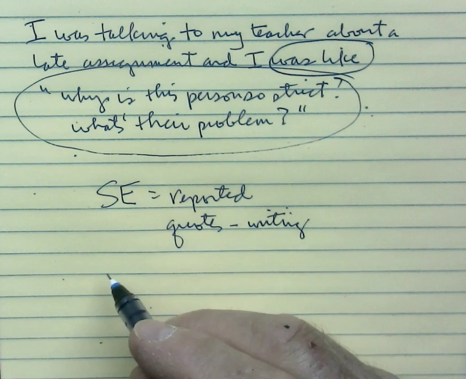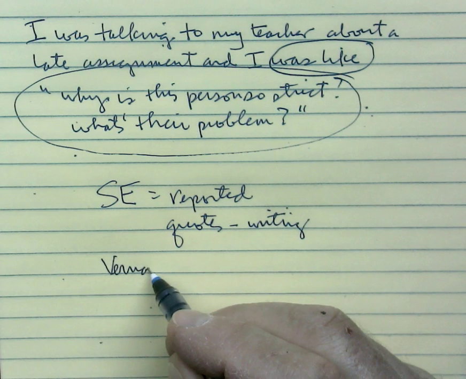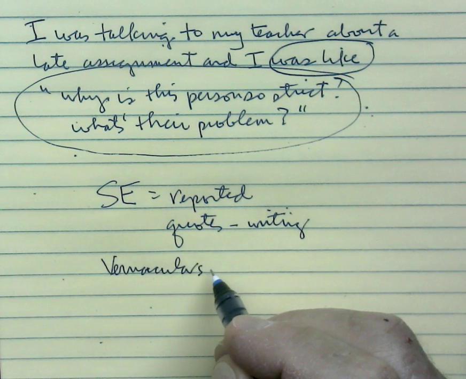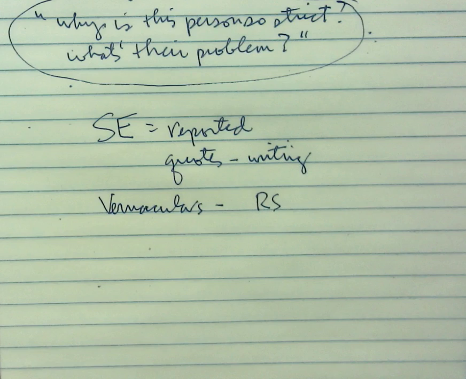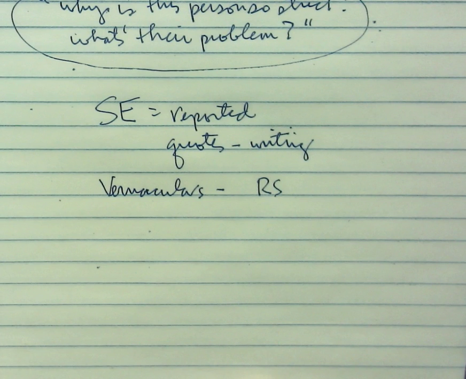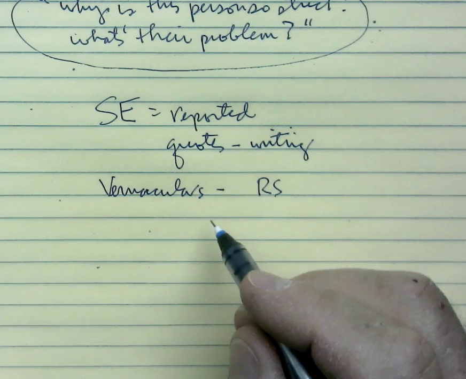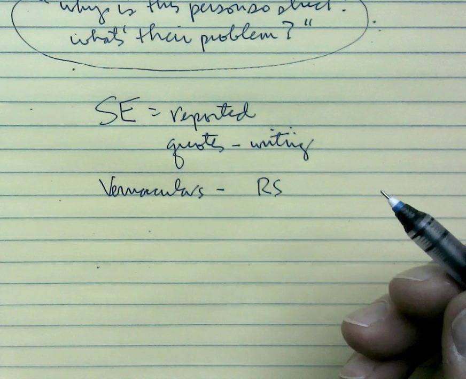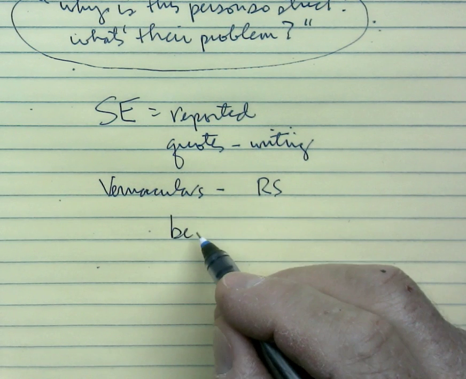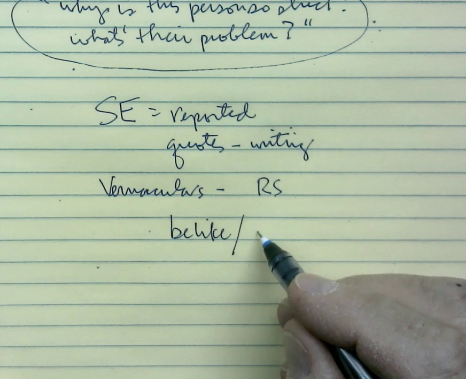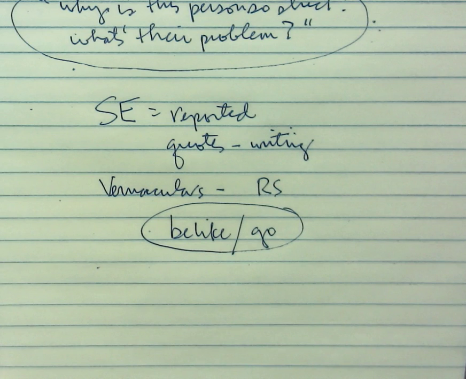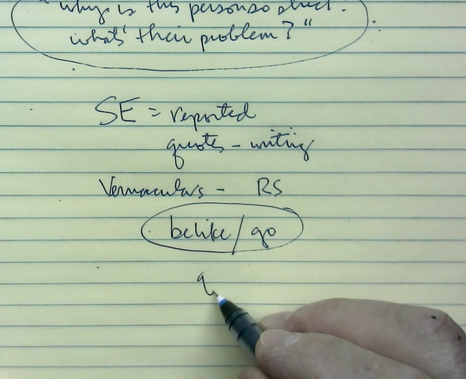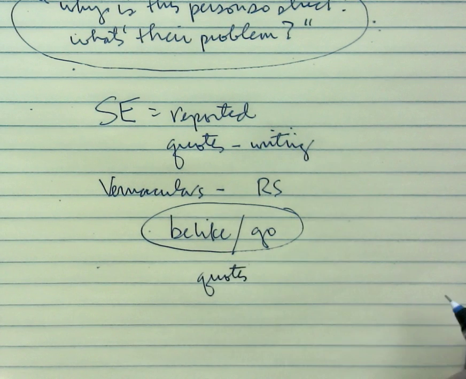But with vernaculars, they do use reported speech also, but in speaking, and that makes sense because it's a vernacular, they also use this be, like, and go to report or to introduce the exact words, quotes, of people or someone's thinking.